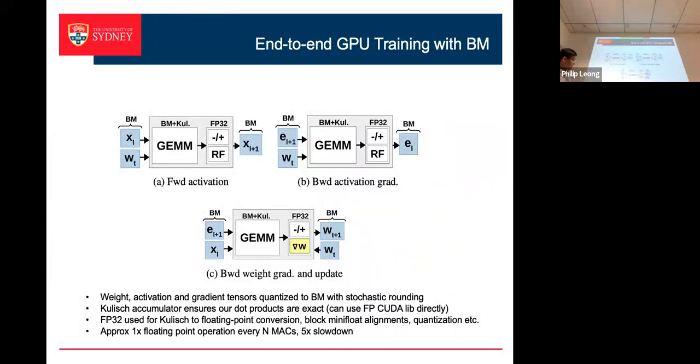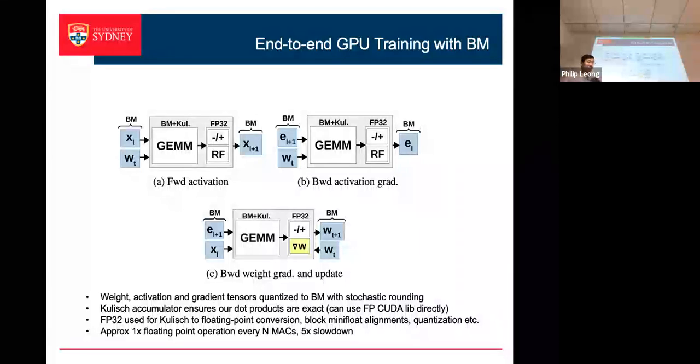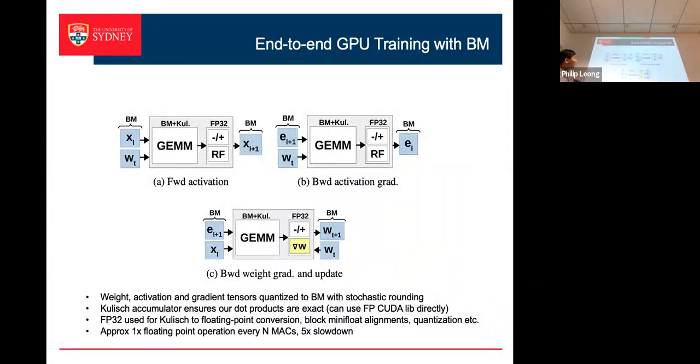Then we apply this dot product with the Kulisch accumulator, which ensures that they're exact. Also we can use the GPU's CUDA library directly if we make this decision. And then all the other things are done in 32-bit floating point in this example.